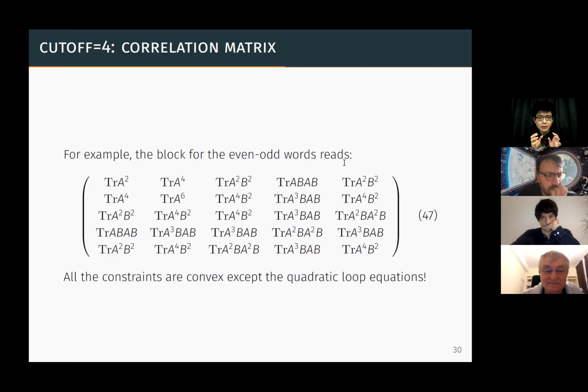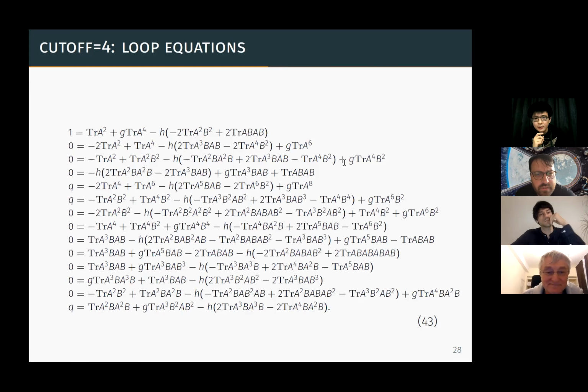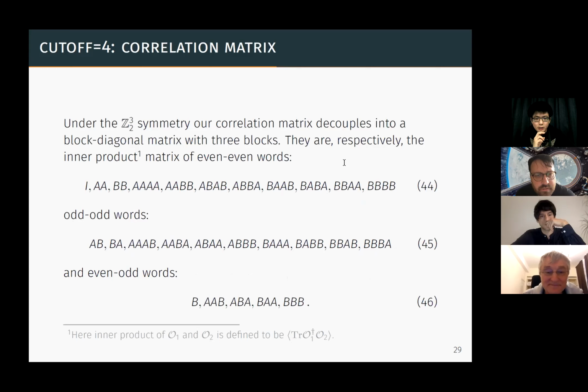Okay, so we get all the conditions. All these constraints are convex, except the quadratic loop equation. Sorry, could I see again the matrix? Yes, this is for the even odd. Why do you have a 4b squared twice on the diagonal? Actually, you can see here, even odd words, they are 5.